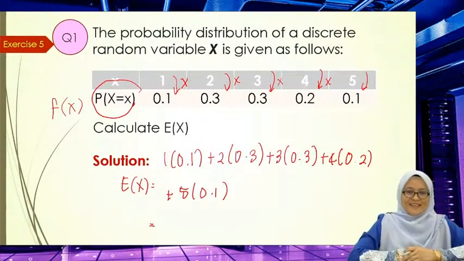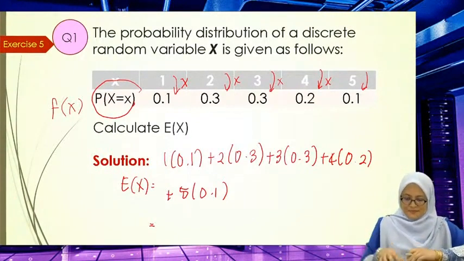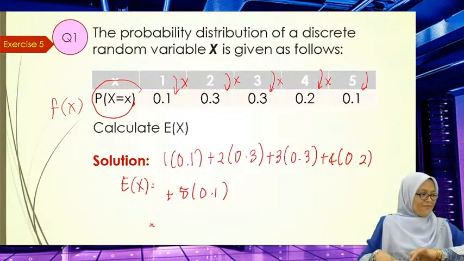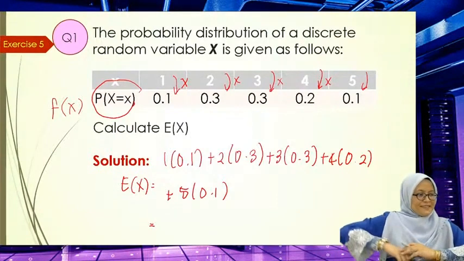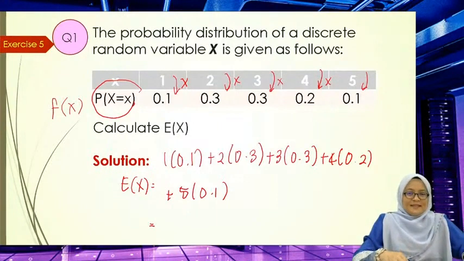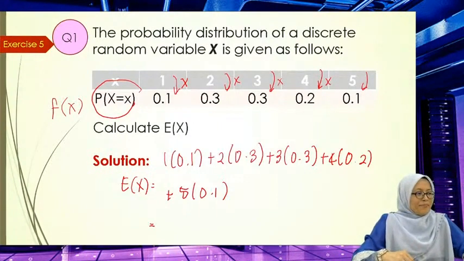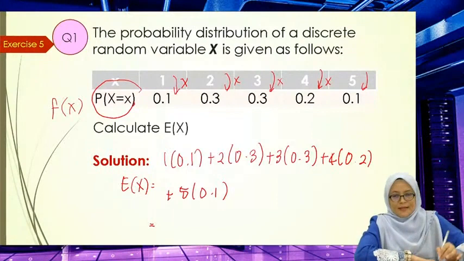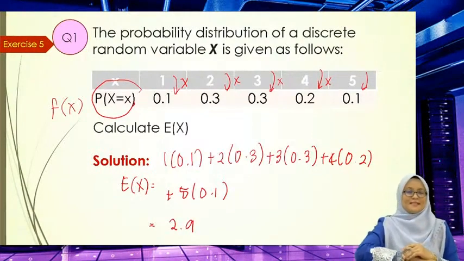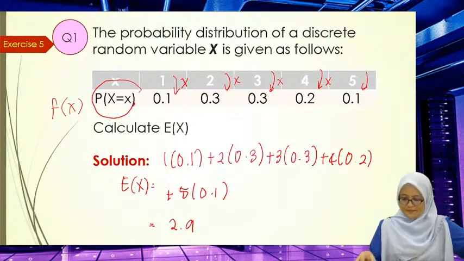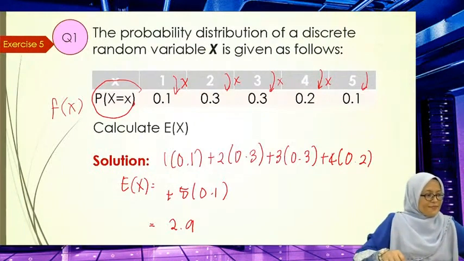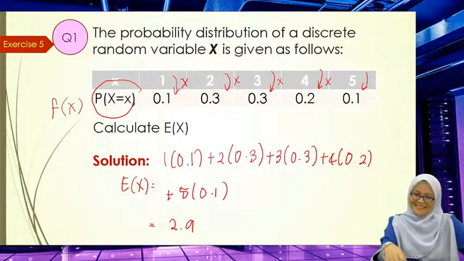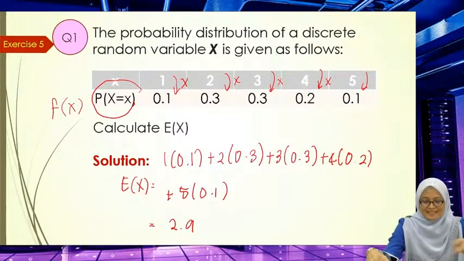Tak ada orang kira untuk saya? Okay lah, saya jawab 2.9. Pak Aziz, saya tak nak kira, saya nak awak kira. Okay, thank you, Bun. Okay, dah.